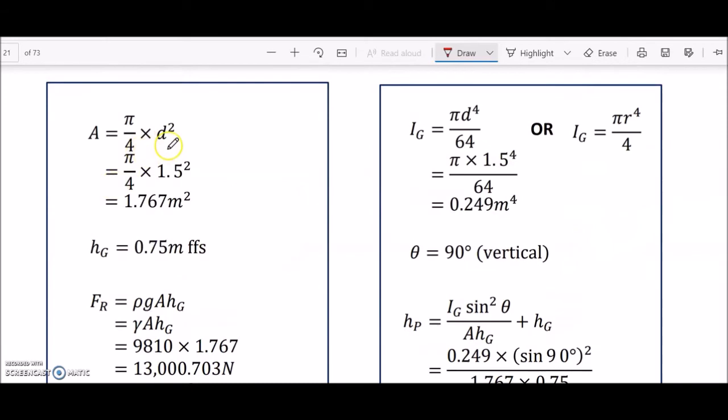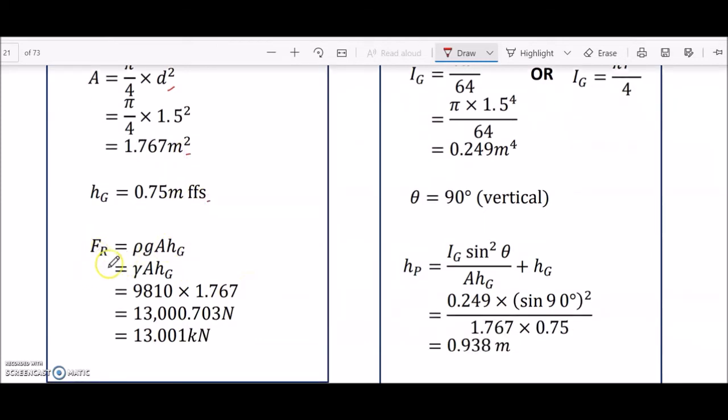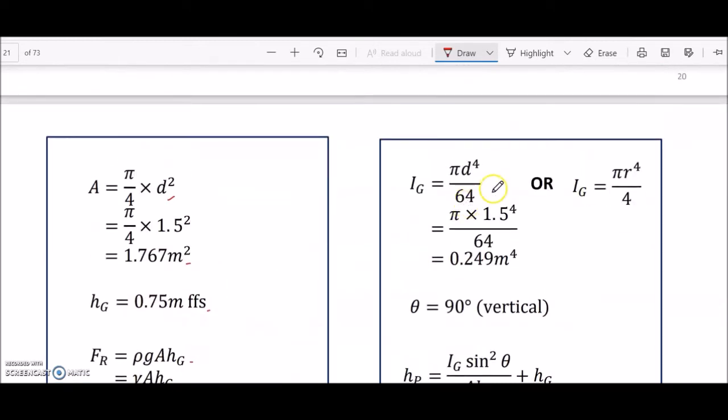So we have to use the formula for circle, and then you have this value, and you calculate the height of gravity. Then you just put it into the formula of force. Again, to calculate the location of the pressure, you use the formula for moment of inertia for a circle.